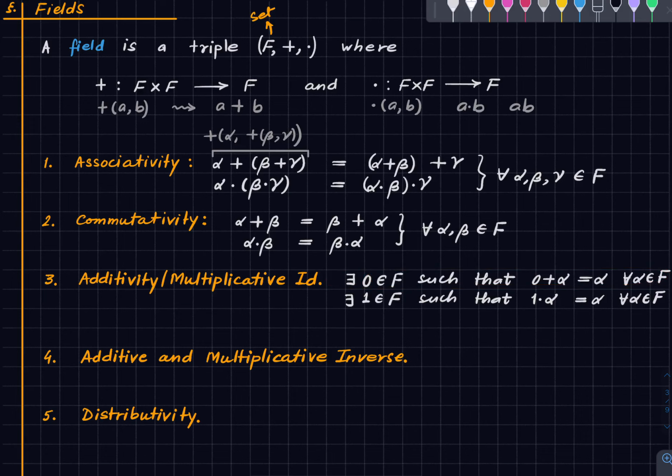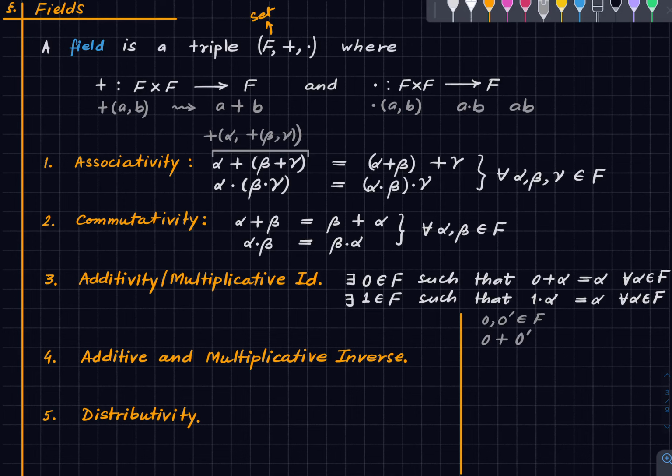But the definition of additive identity automatically implies its uniqueness, and let me argue why. So suppose there were two different additive identities, 0 and 0 prime. If 0 and 0 prime are additive identities, then what is 0 plus 0 prime?